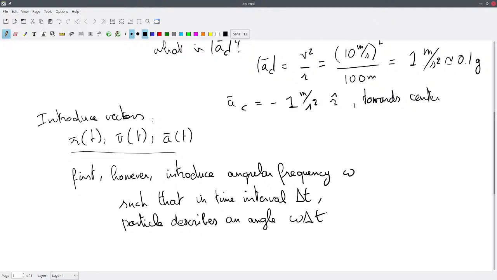So if omega delta t is an angle, so it has dimensions of angle, so is essentially dimensionless.